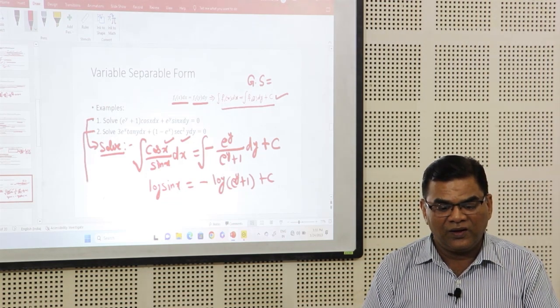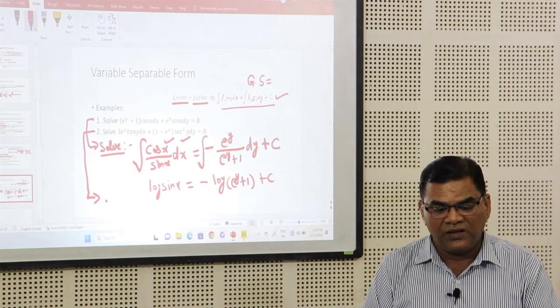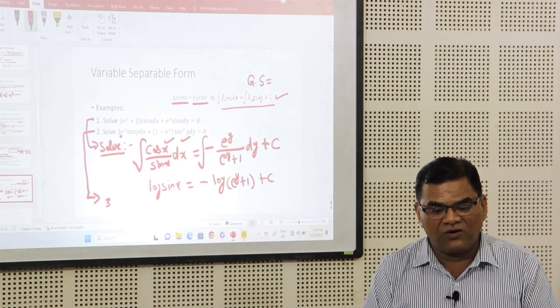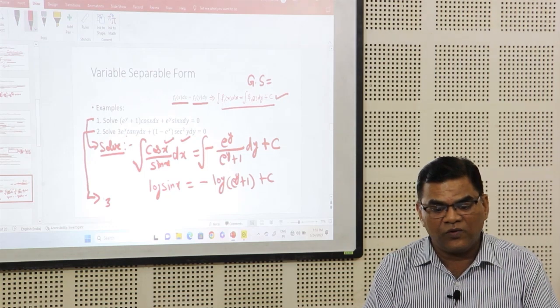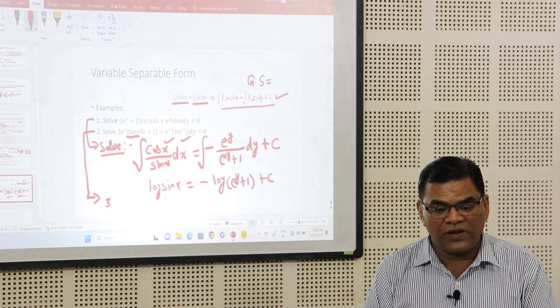By using this formula, we integrate equation 1 easily. Similarly, we can solve equation number 2 by the variable separation method. If we observe this equation for separation of variables, we can easily see that if we divide the whole equation by tan y and (1 minus e^x), the variables can be separated.